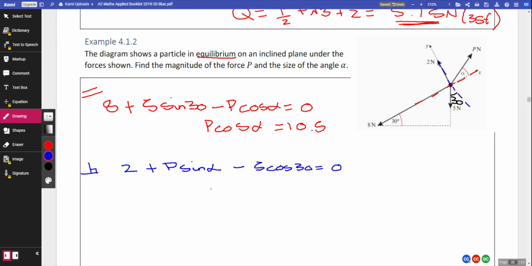Solving this for P sine alpha, we've got P sine alpha is equal to 2.33. Again, the exact value here, so you'd keep this stored on your calculator. Please make sure you know how to store on your calculator. It is 5 root 3 minus 4 all over 2.